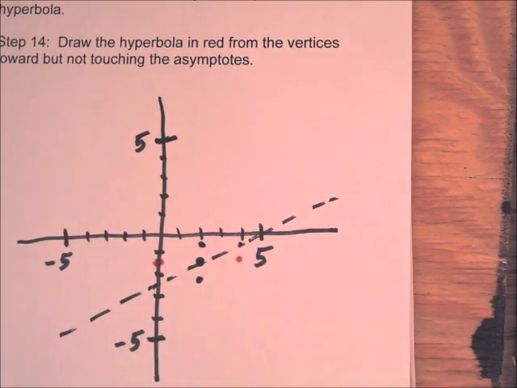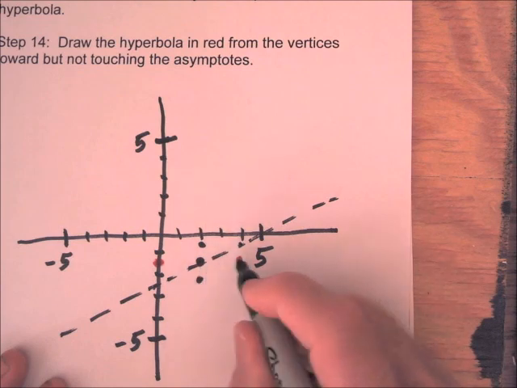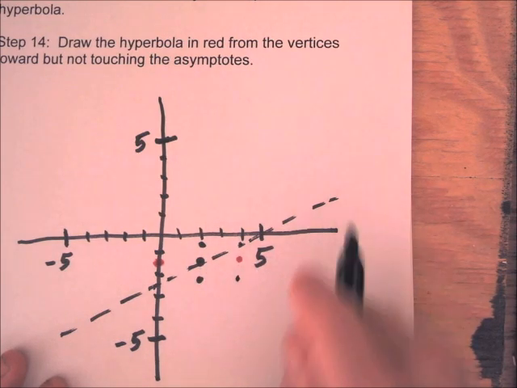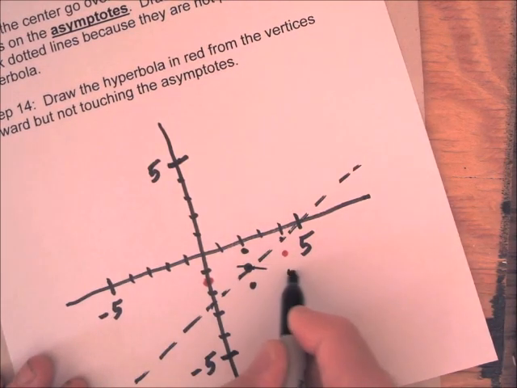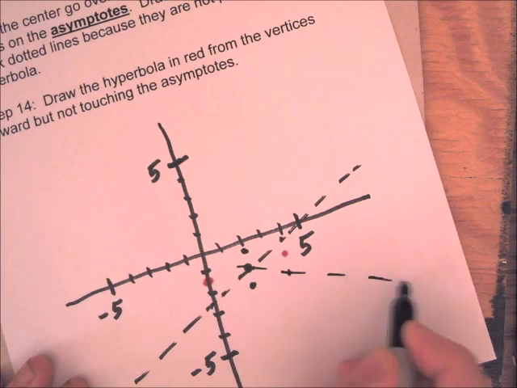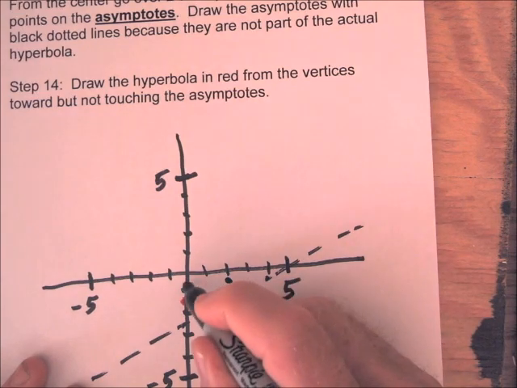Okay, and then the other asymptote, if you go 2 to the right, down 1 from the center, we get another point here. And we could also go 2 to the left, up 1.